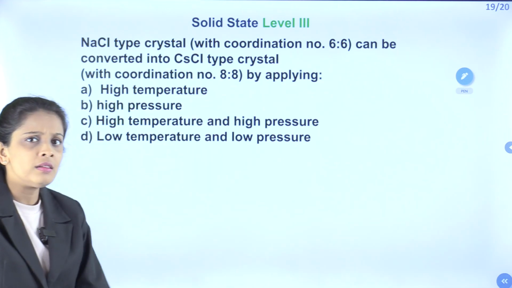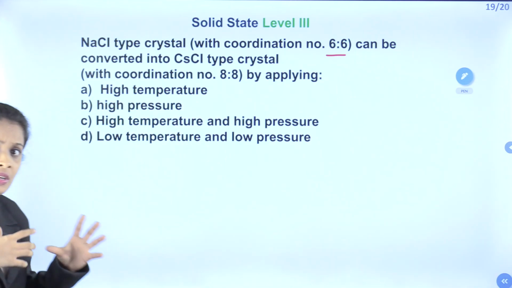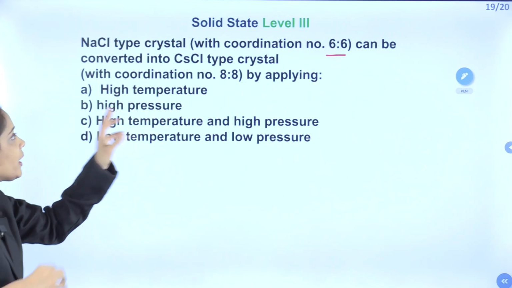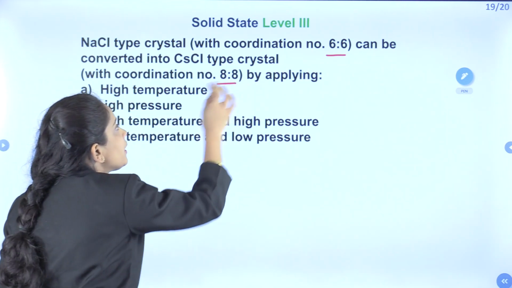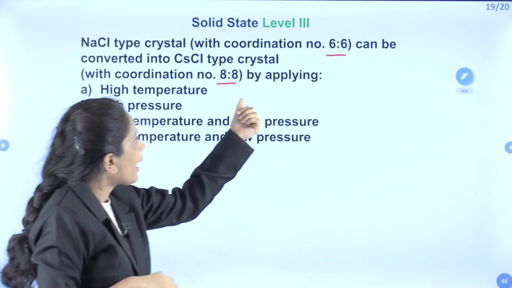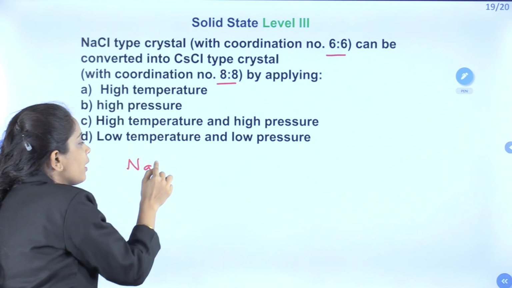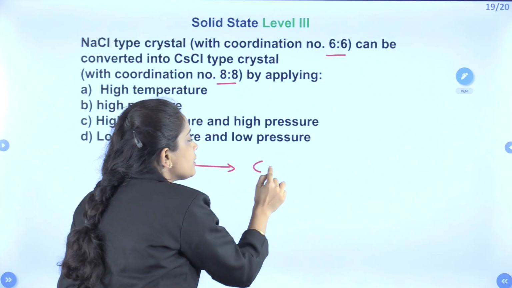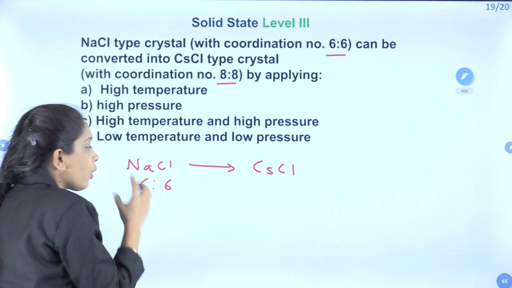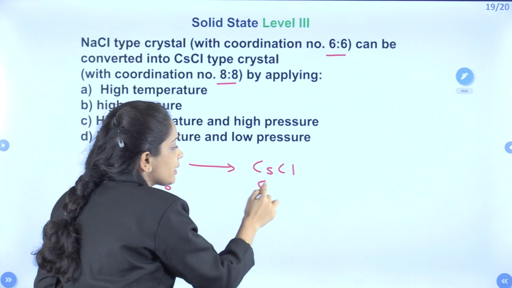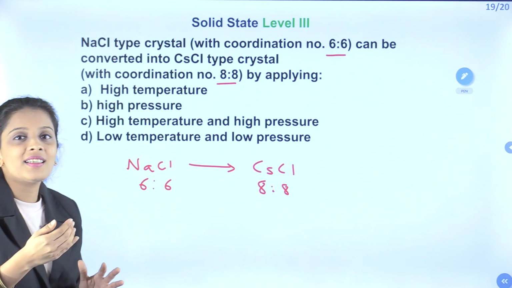NaCl type of crystal with coordination number 6:6 can be converted into cesium chloride type crystal with coordination number 8:8 by applying what? In short, we want to convert NaCl into cesium chloride. Means the coordination number ratio over here is 6:6, over here it is 8:8. In short, we want to increase its coordination number.